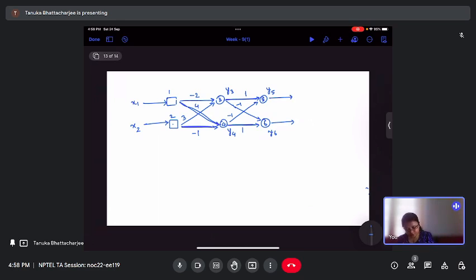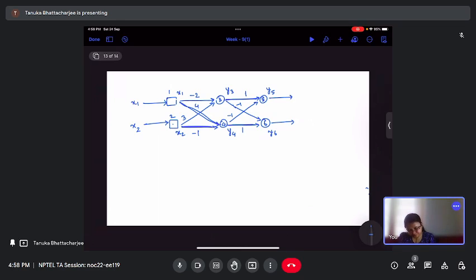You can see the neurons in the input layer do not do any operation; they just take the input and pass it on to the next layer. So the output of node 1 is also x1 and the output of node 2 is also x2. The input and output are the same for these two nodes.